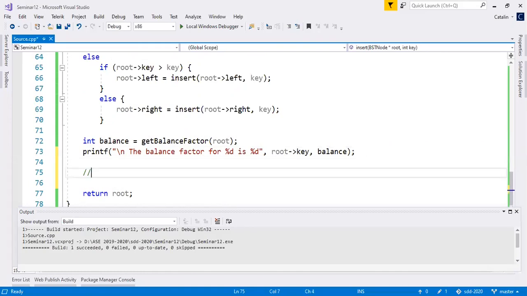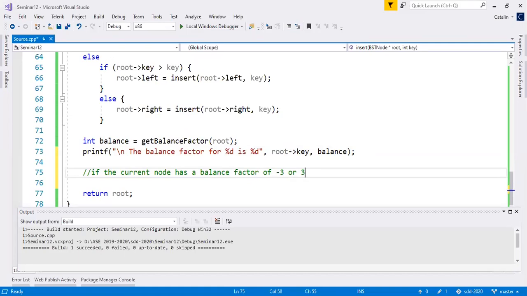So if you find a node, if the current node has a balance factor of -3 or +3, it could not have 4 or -4.